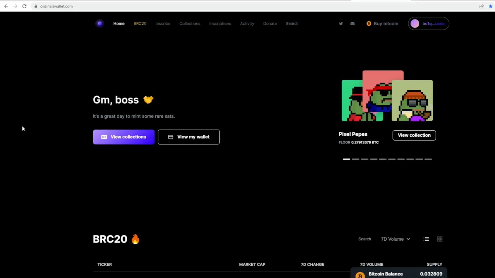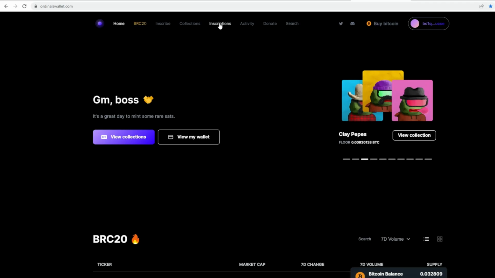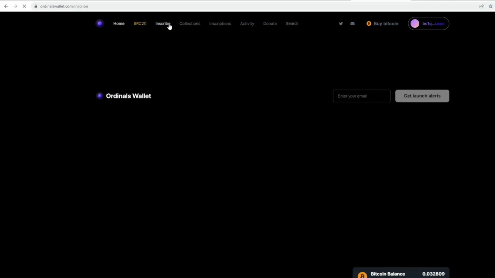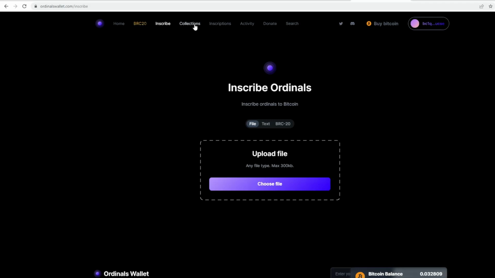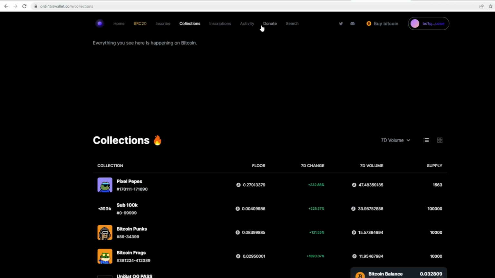So Ordinals wallet here. This is another platform where you can connect your wallet. And on this platform, you can take a look at current inscriptions, for example. Here you can inscribe, and it gives you a breakdown of collections that are currently available.